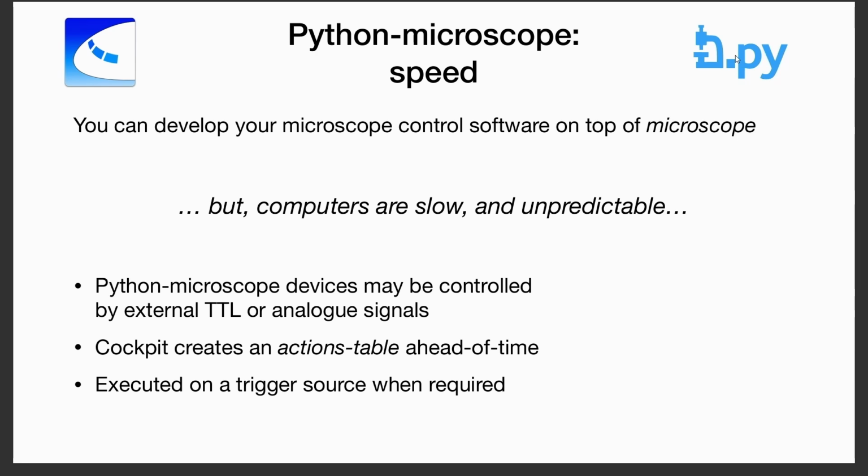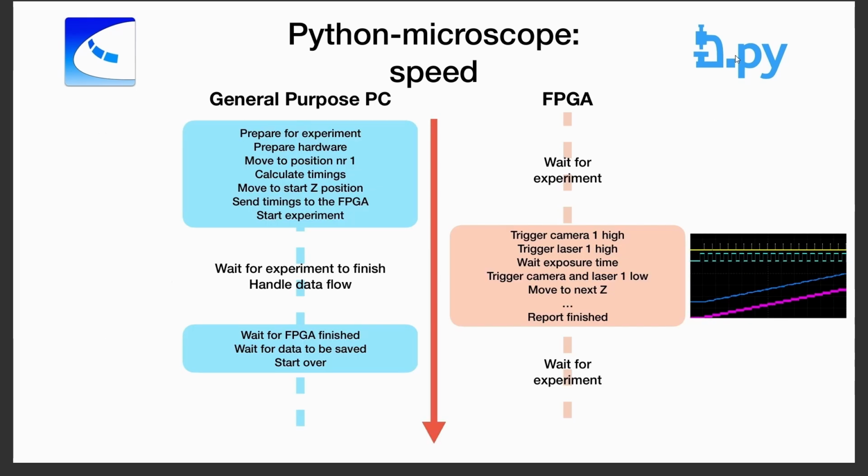And then whenever that table is ready, you just send this to what we call an executor, and that will trigger all the devices in a synchronous way. So essentially what we're doing is having this kind of pattern where the general purpose PC does all the slow stuff, and then we can deploy all the deterministic timing to an executor, and it will execute it at very high speed, essentially whatever you tell it to do.